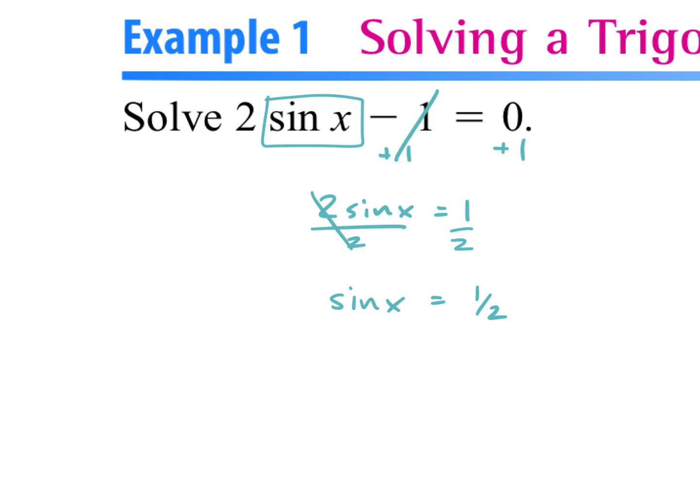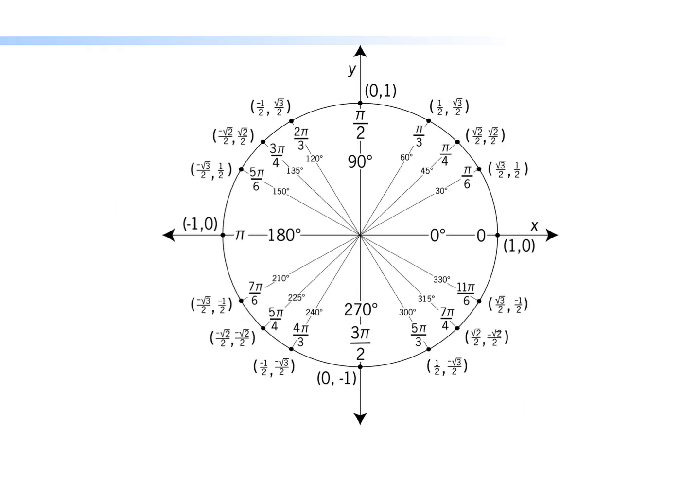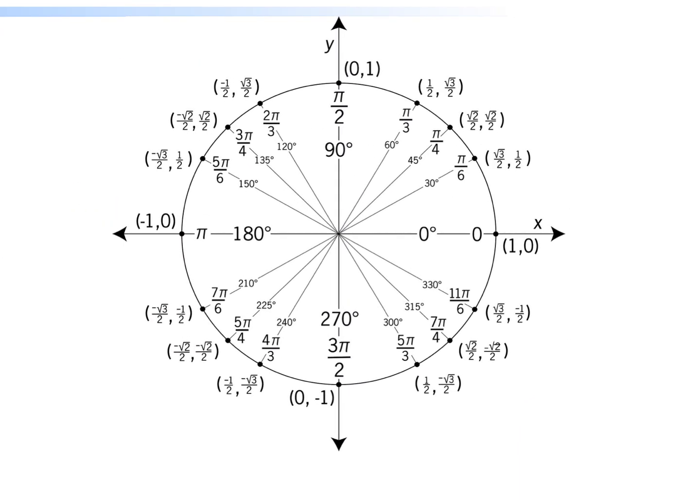Now once our trig function's all by itself, we're going to look at the unit circle. Sine tells us to look at what on the unit circle? The y. So we want to see where on the unit circle is our y value 1/2. Where do we have a y value of 1/2?